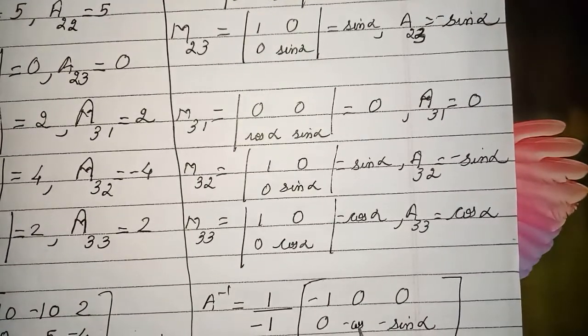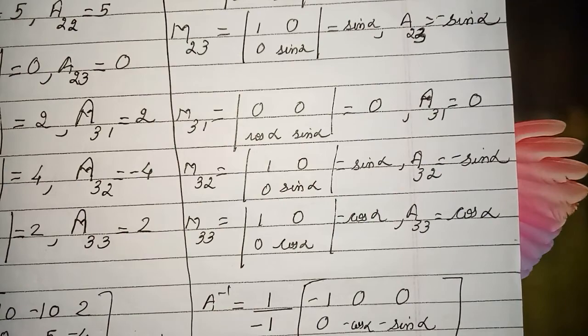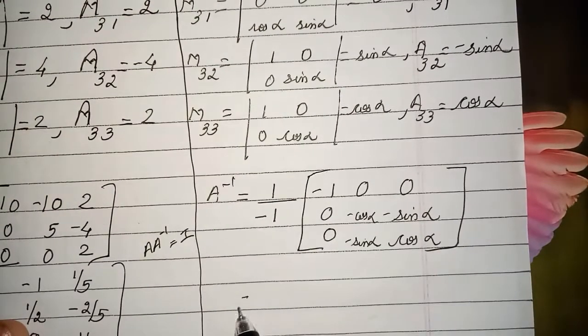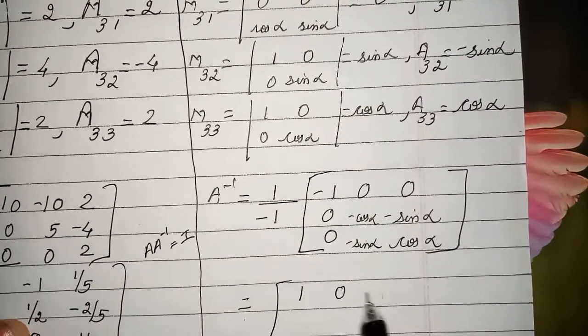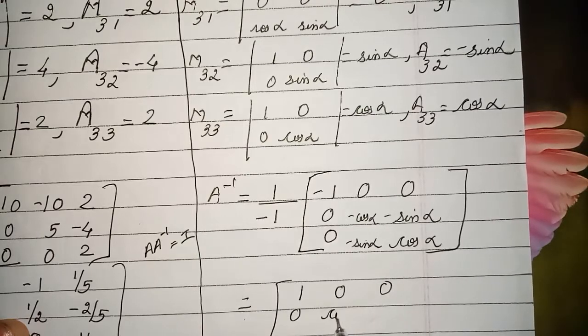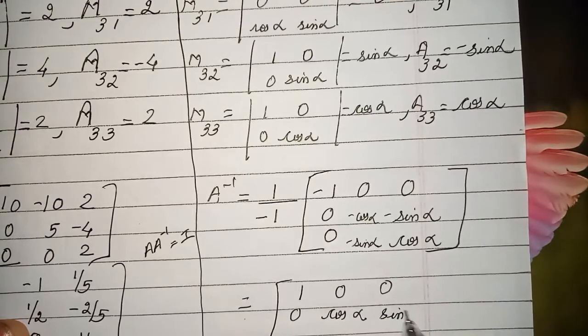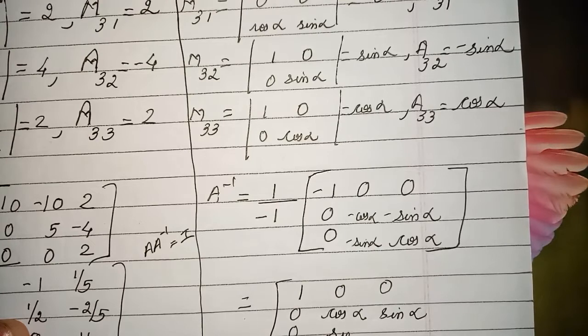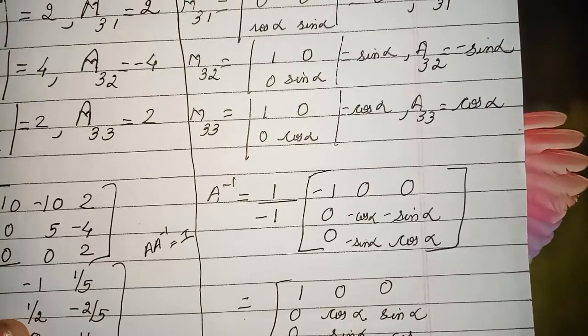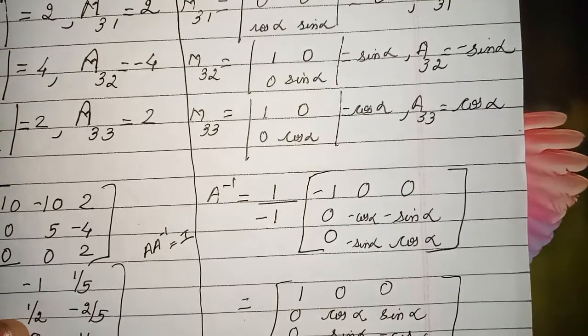Take the minus sign inside. So 1, 0, 0, 0, cos alpha, sin alpha, 0, sin alpha and minus cos alpha. So this is my A inverse.